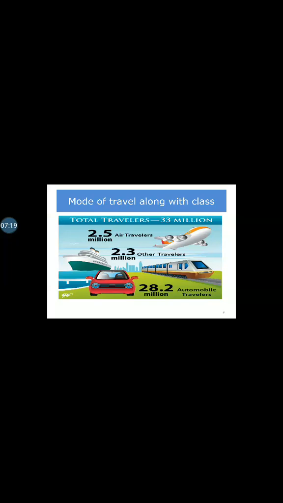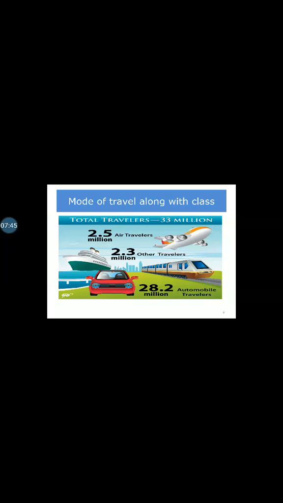When they travel by car, it depends on the size and the number of people traveling. Some prefer a Mercedes, Tavera, Innova, whatever their demand. According to that, we can plan the tour itinerary. So the mode of travel plays a very important role.